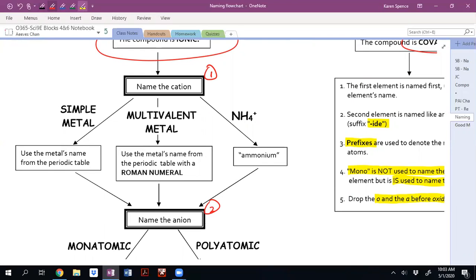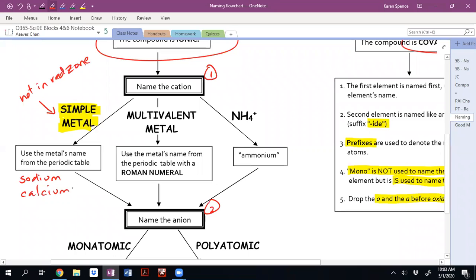The first choice is that you have a simple metal. A simple metal is not in the red zone, so that would be like sodium or calcium. And so you just name it.